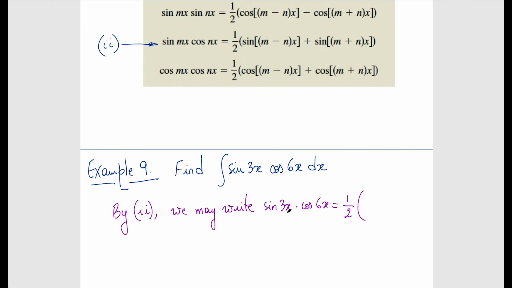So the m is 3 and the n is 6. So this becomes 3 minus 6, which is minus 3. So sine minus 3x plus sine of 9x, right? So sine of 9x.